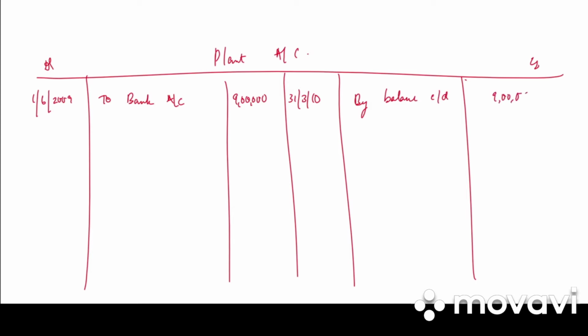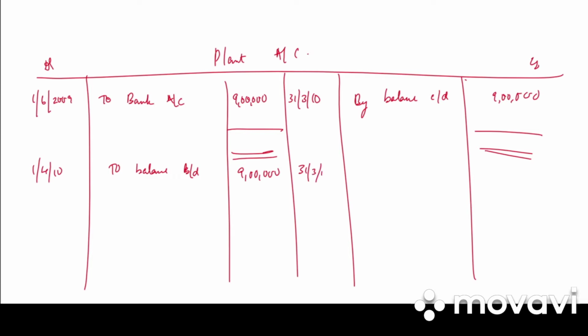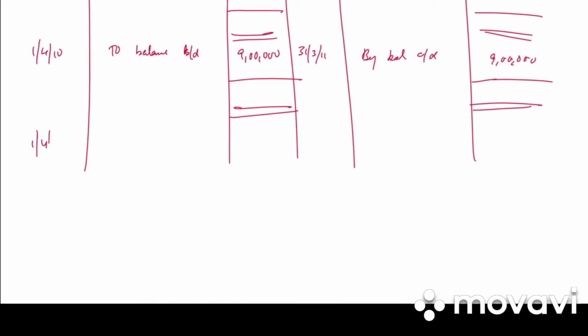We have to prepare provision for depreciation account. So just the balance down. Then 1/4/2010 to balance brought down 9 lakh. 31/3/2011 by balance carried down 9 lakh. 1/4/2011 to balance brought down 9 lakh.